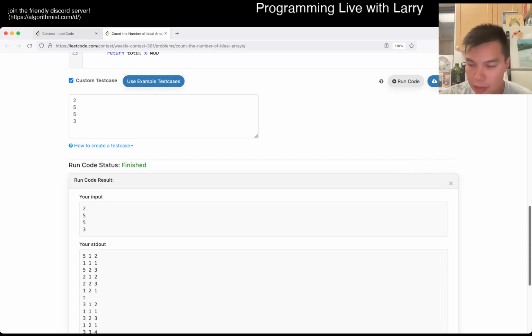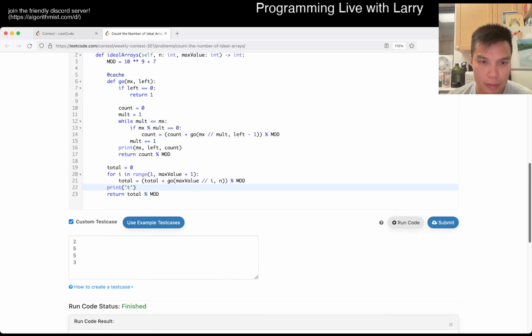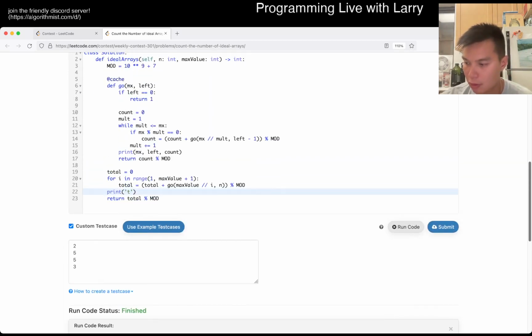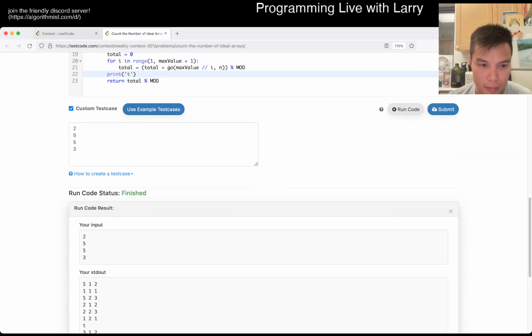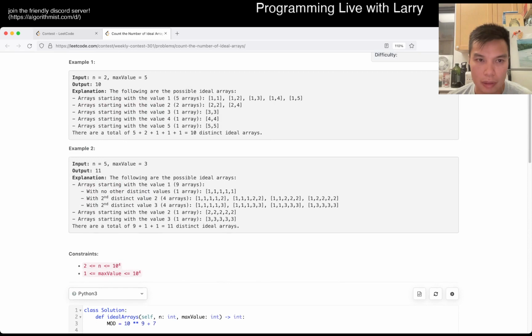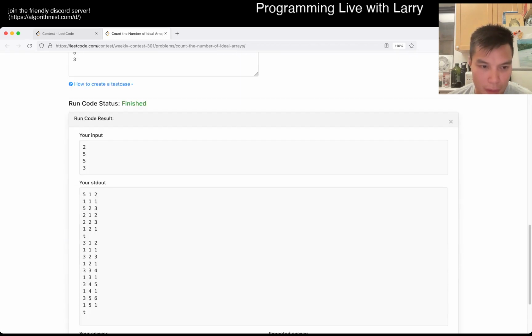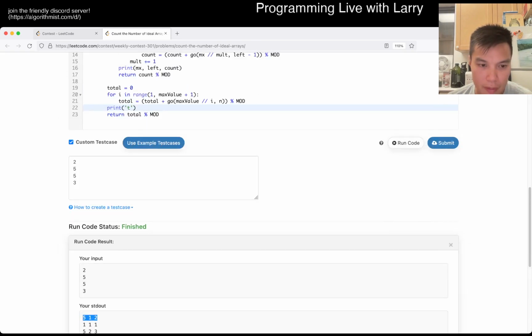Start with 5. 5. 1 number left. That means that is 1. 1, right? That is 2 because it's 1, 2, 2, right? No, I don't think that's right. 5, 1 should be 5, I think.